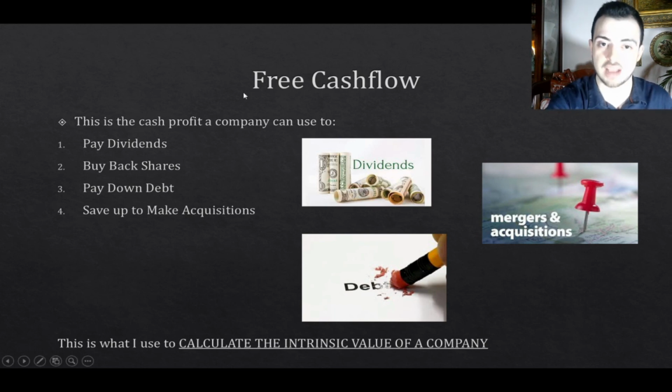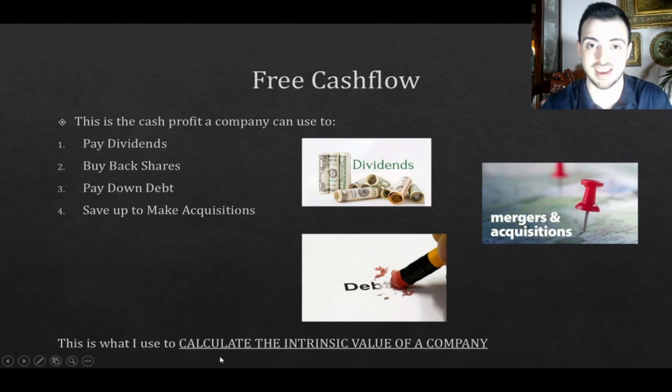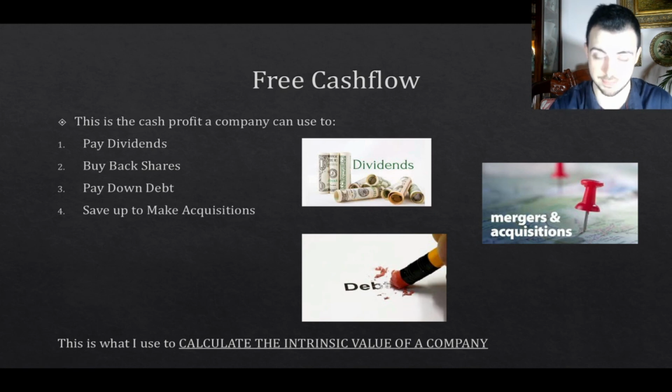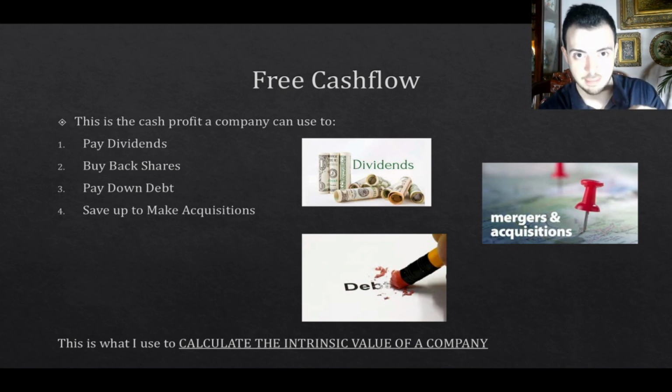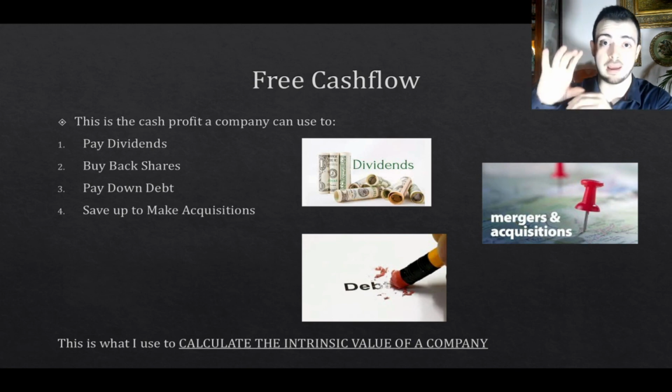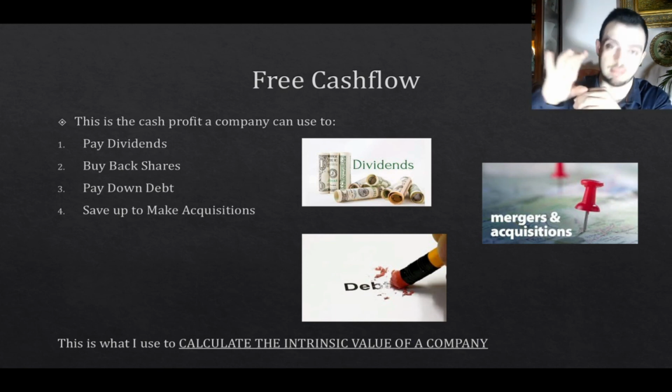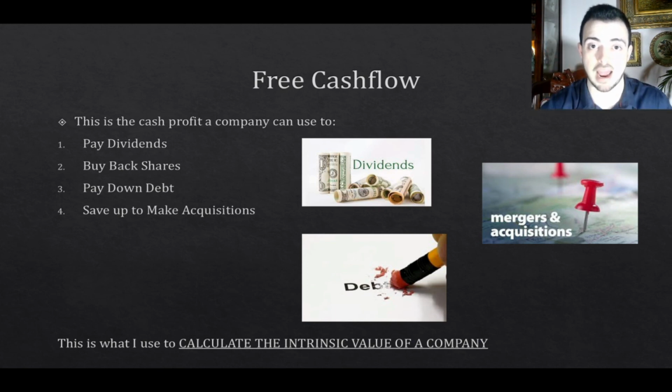The reason why this free cash flow number is the most important, apart from all the reasons we mentioned, is that this is what I use to calculate the intrinsic value of a company. Remember, we said the intrinsic value is the earnings of the company multiplied by a PE, or in this case, it would be price to free cash flow, which is just a multiplier, and that is my amount of intrinsic value I give to the business.